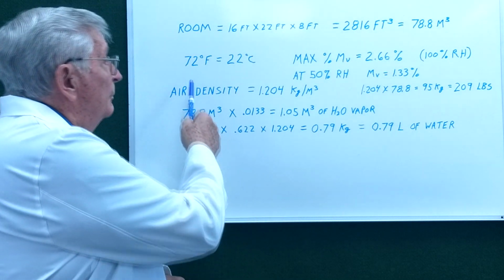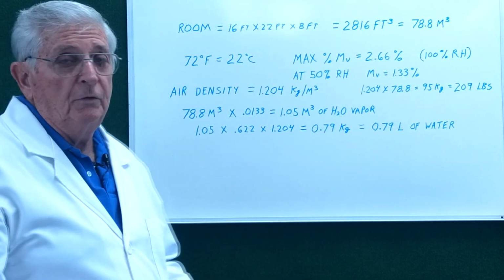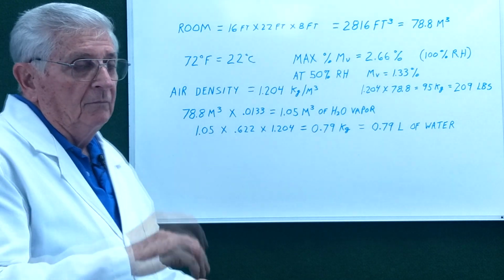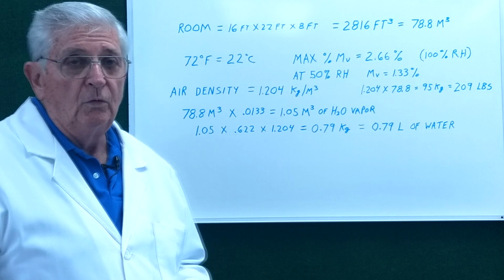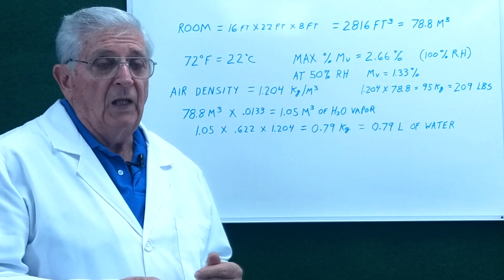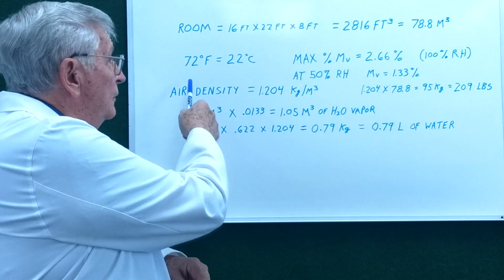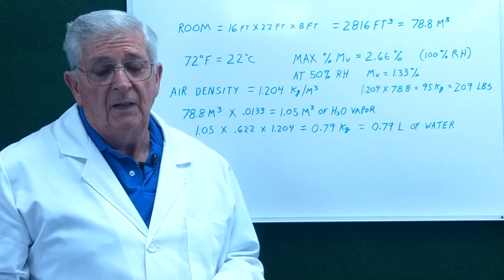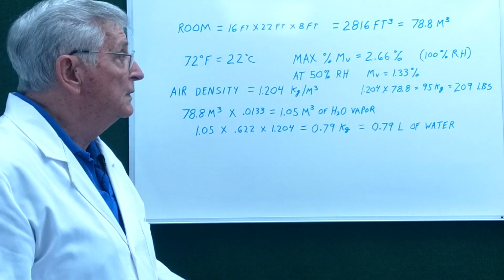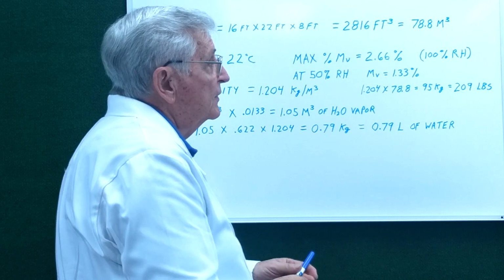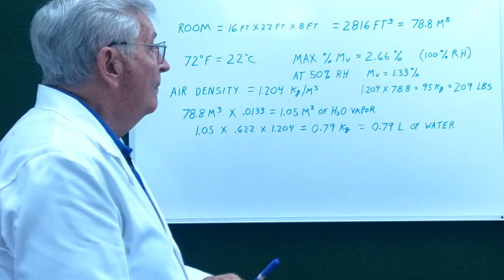And the temperature in here is 72 degrees Fahrenheit. Now, from that table in the moisture handbook, you can do an interpolation to find out the maximum moisture by volume at 72 degrees. And that turns out to be 2.66%.